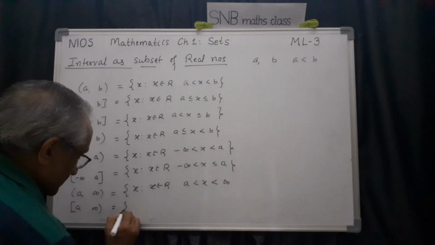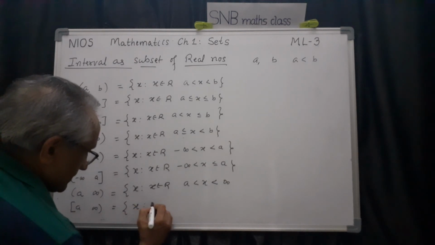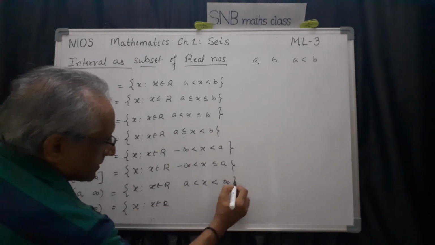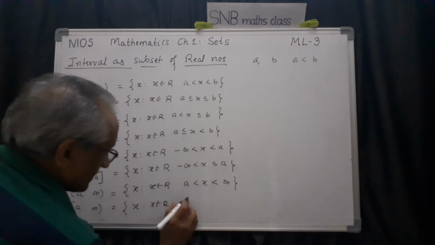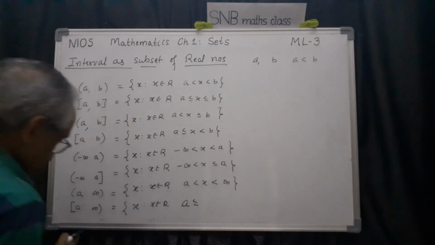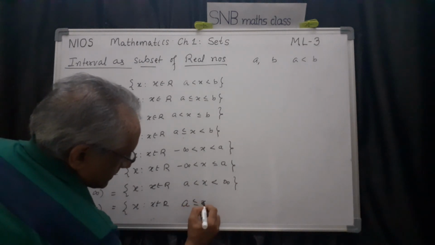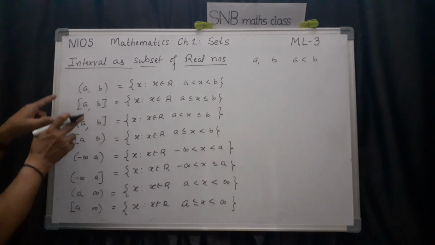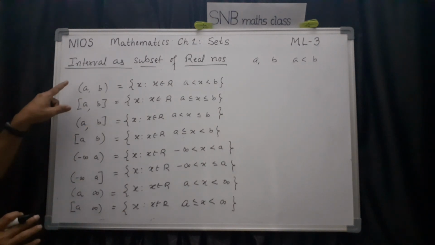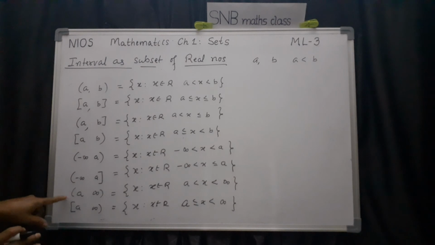And here like this, x such that x belongs to R, then A less than or equal to x, then less than infinity. So these are the 8 different types of intervals: 1, 2, 3, 4, 5, 6, 7, 8.